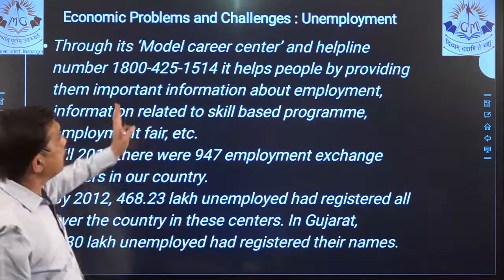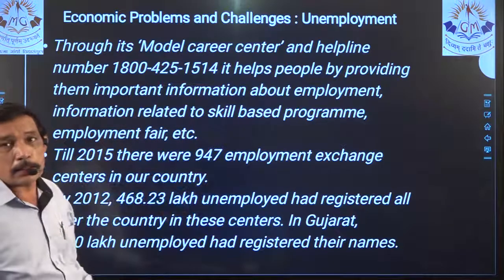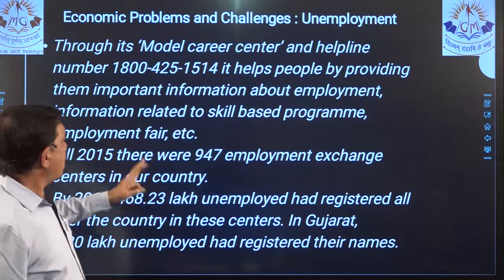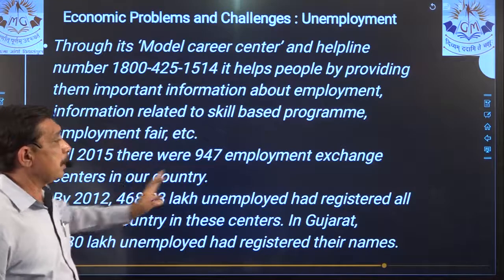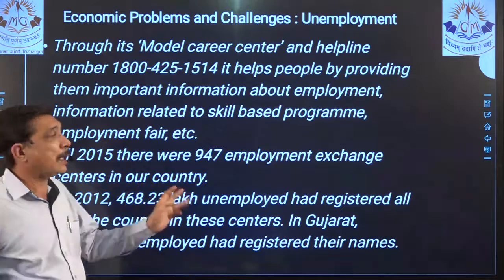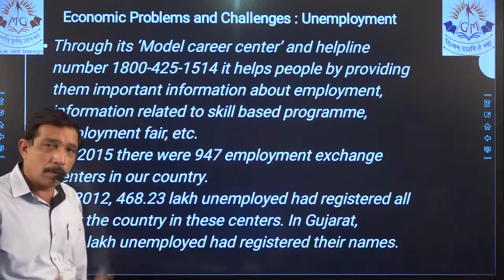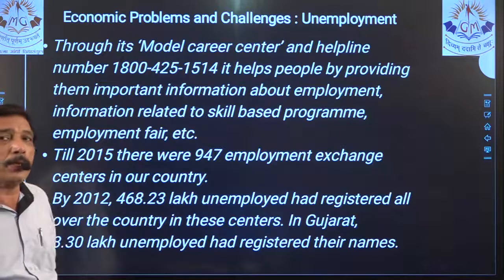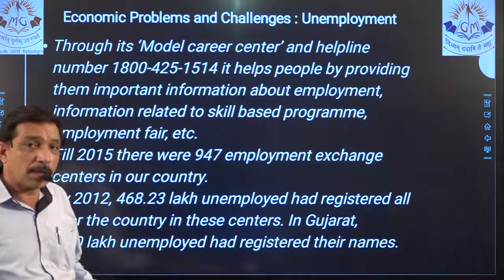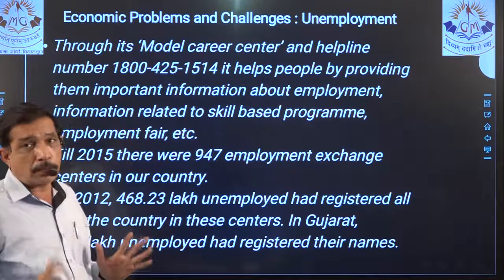For example, the toll-free number for Model Career Center, that is again objective, right? 2015 dash employment exchange centers in a country. Some numbers will be given in MCQ, or you have to fill in the blanks, or match the following.